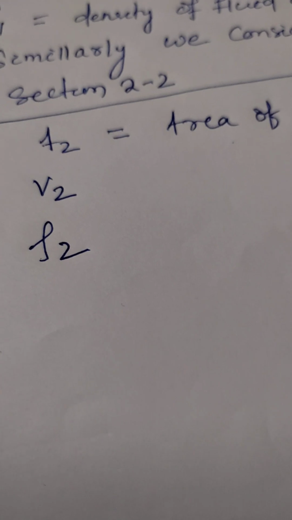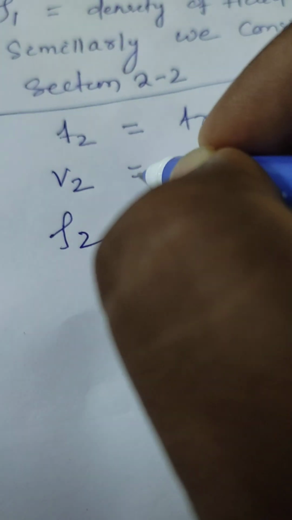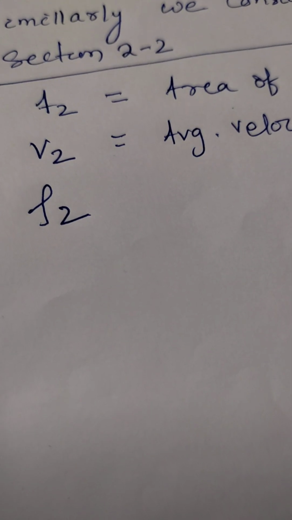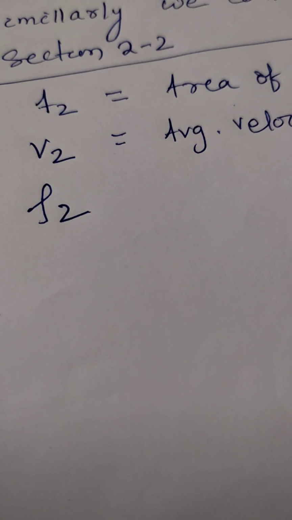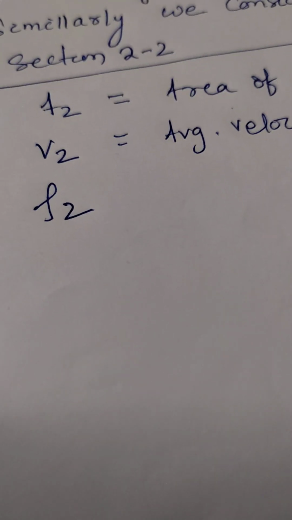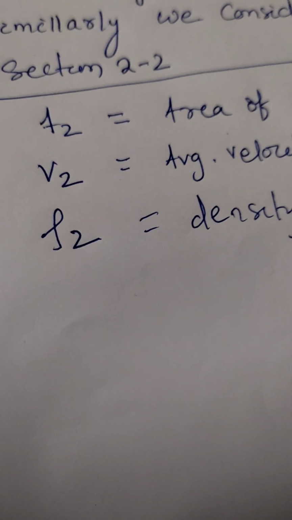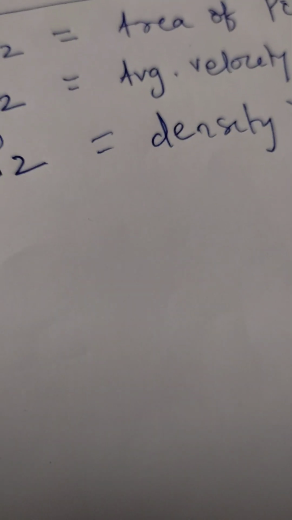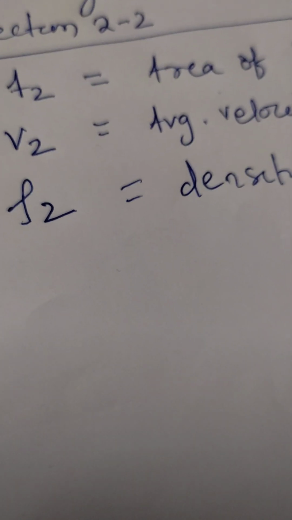A2 equal to the area of pipe at section 2, V2 equal to the average velocity at cross section 2, and rho 2 equal to the density of fluid at section 2.